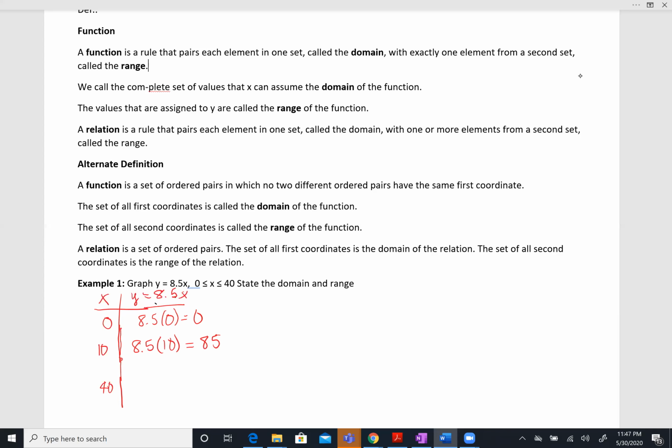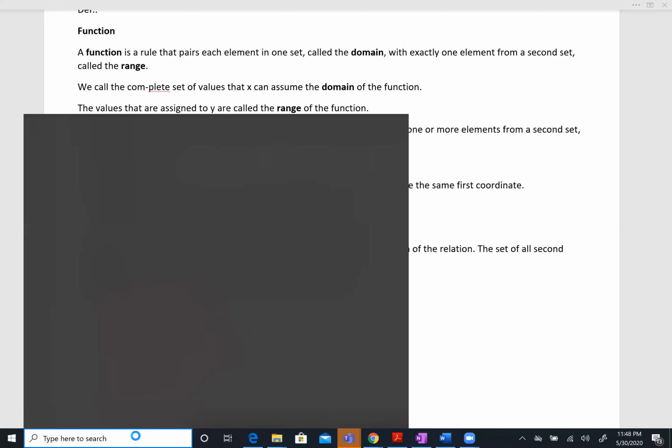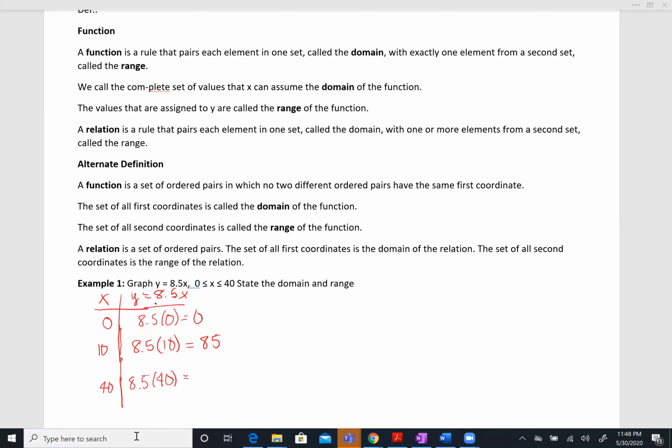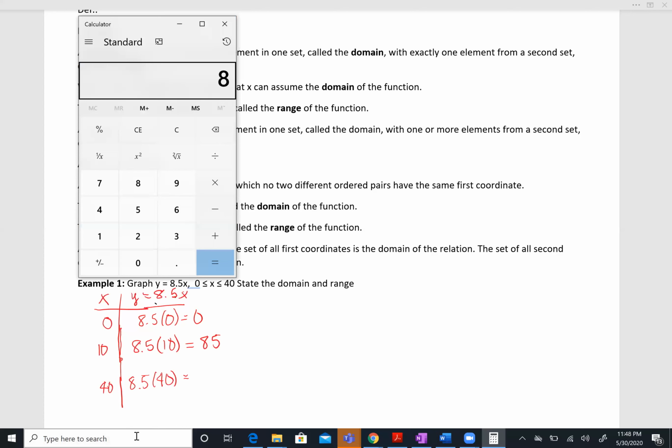And then 8.5 times 40 is going to be what? Let me use the calculator. So I have 8.5 times 40, so I have 340.